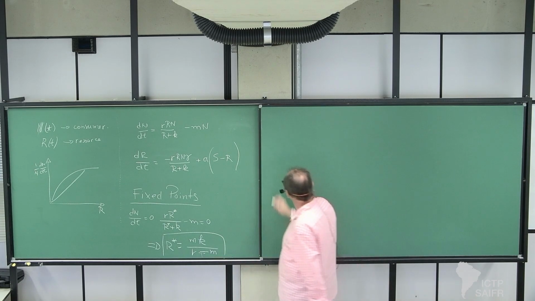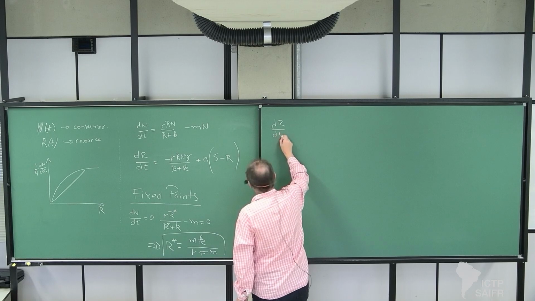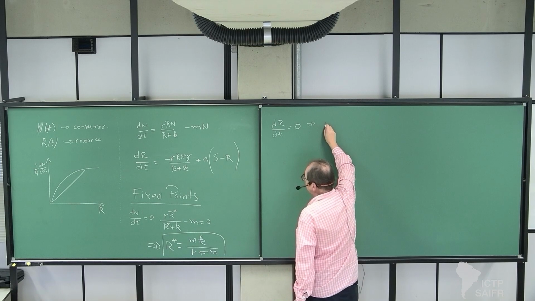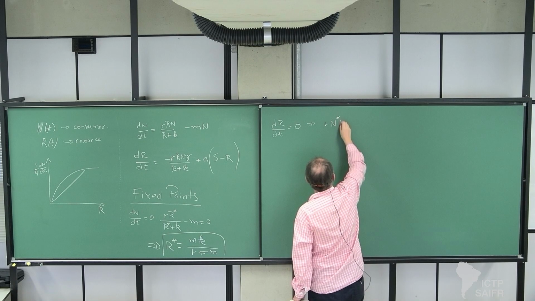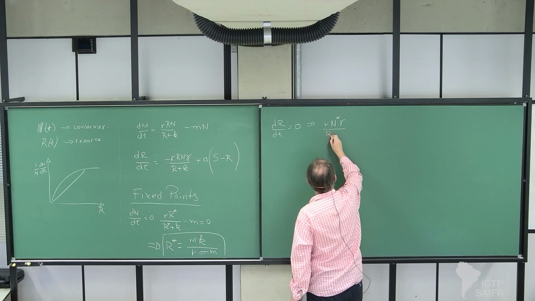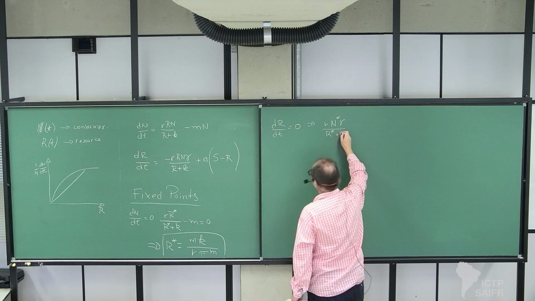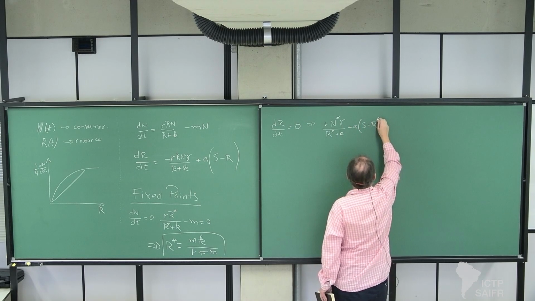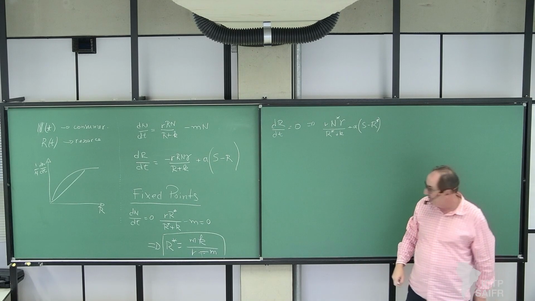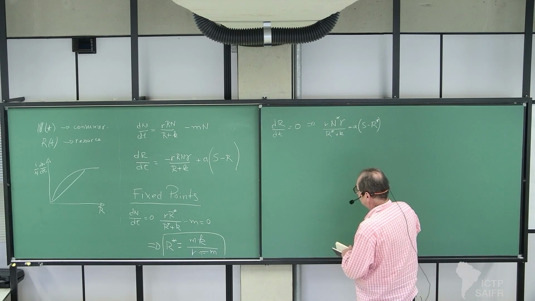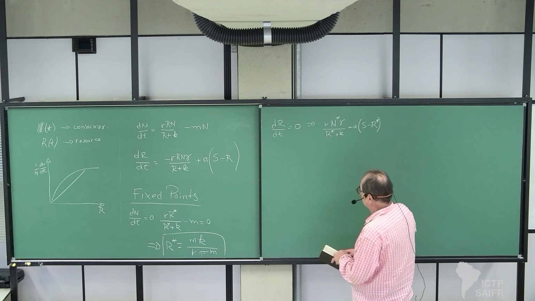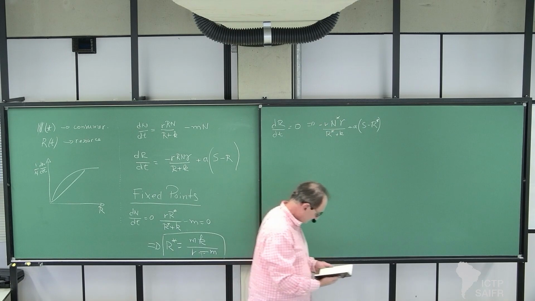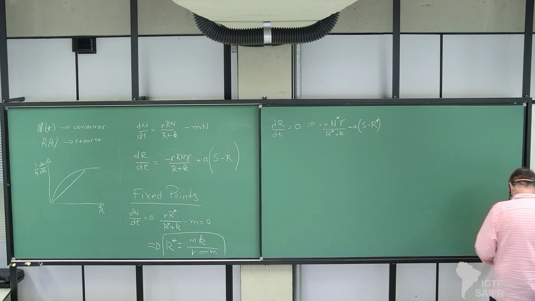Now we have the second equation, dR/dt equal to 0, which will imply R n star gamma over R star plus K plus alpha S minus R. So at equilibrium. And you can solve this.